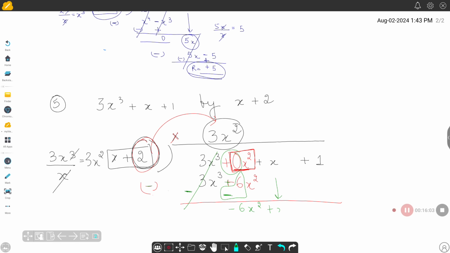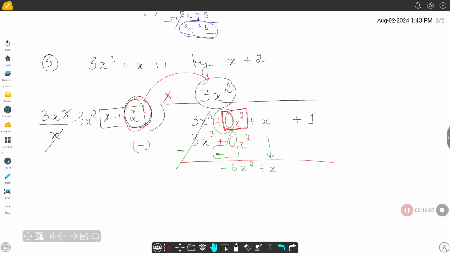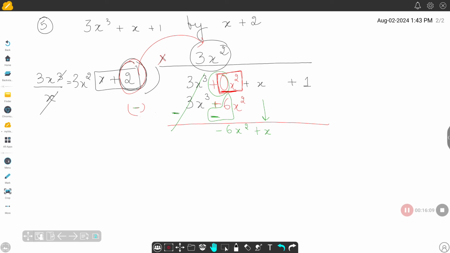Carry forward x as it is. Now the next term is minus 6x square to be divided by x. So x and x will cut. So minus 6x will remain. So now the second term of the quotient is minus 6x.